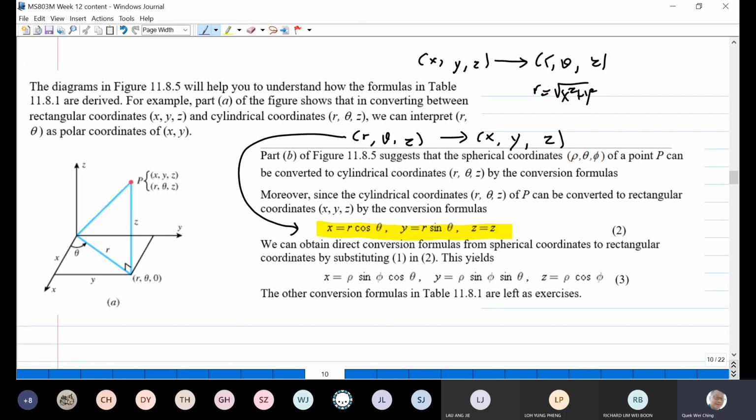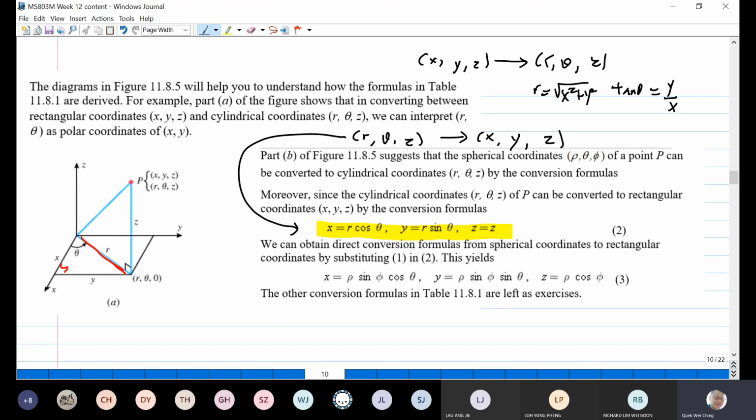If you have x and y, you can see from the picture that r is this one. This is my angle here, and what is theta? Tangent theta is y over x. That's how I get theta.